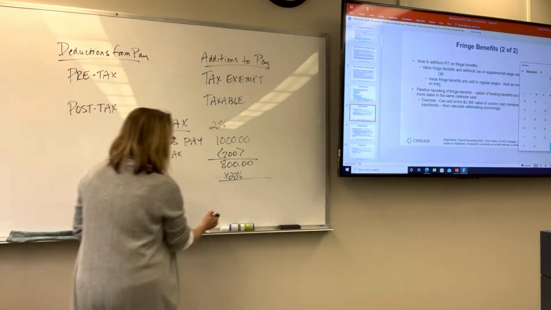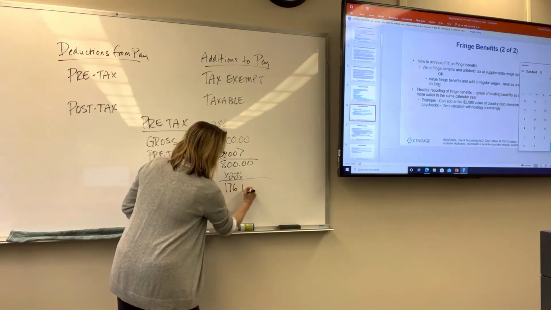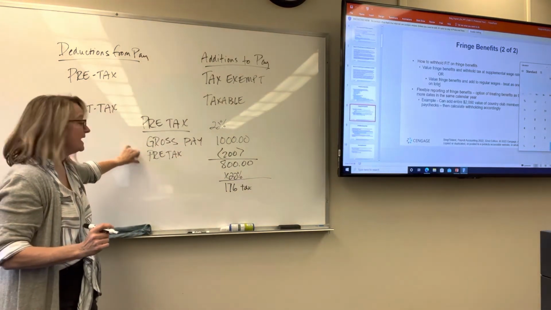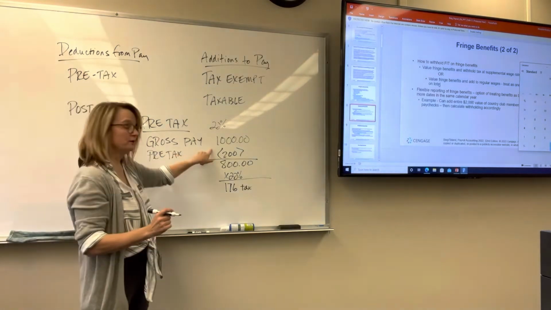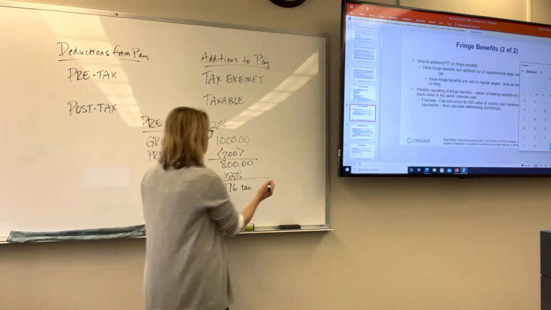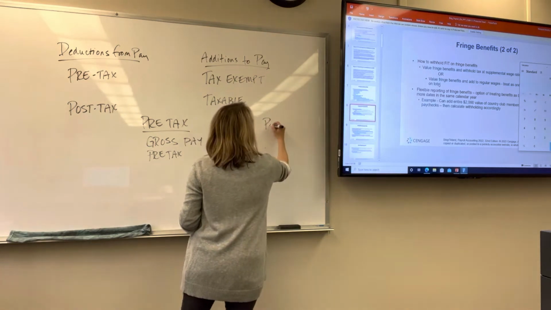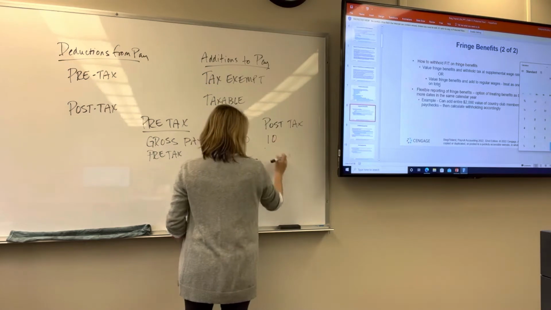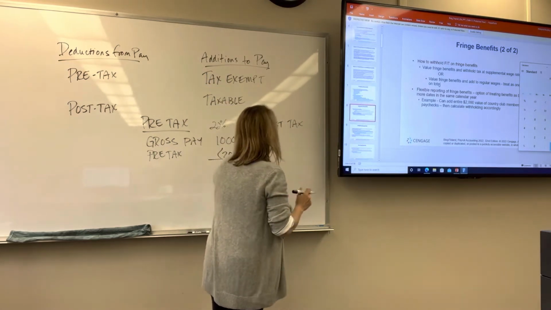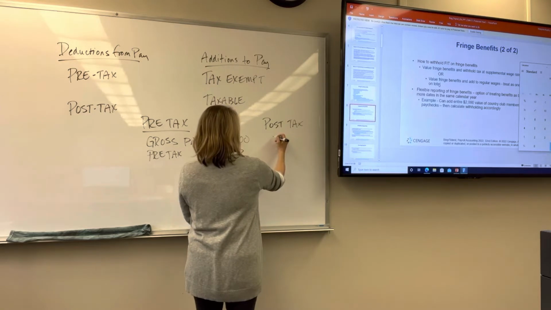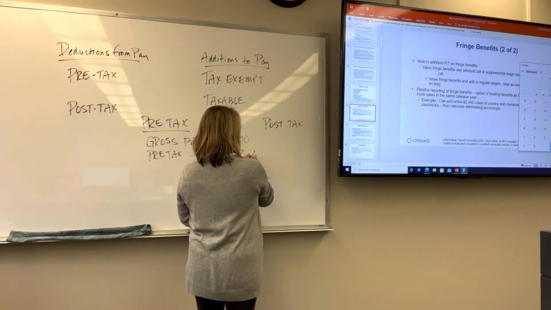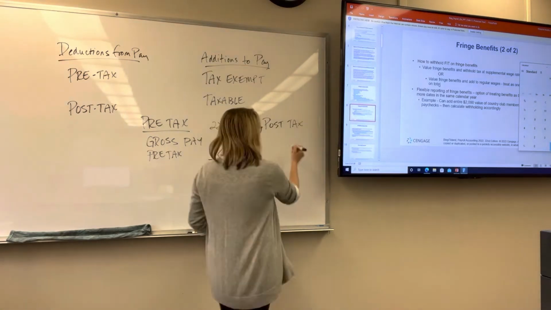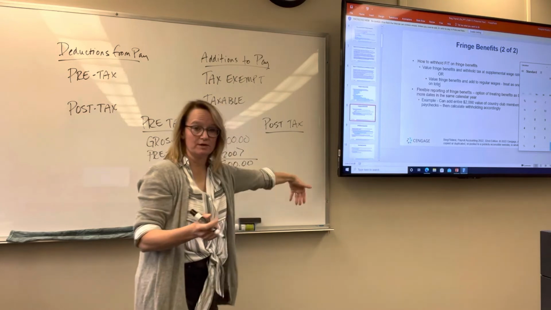So 176 would be our tax if it were a pre-tax deduction. If, however, this $200 deduction is post-tax, we're still going to deduct it from our pay, but when we're calculating the actual tax, we're not going to take it into account.